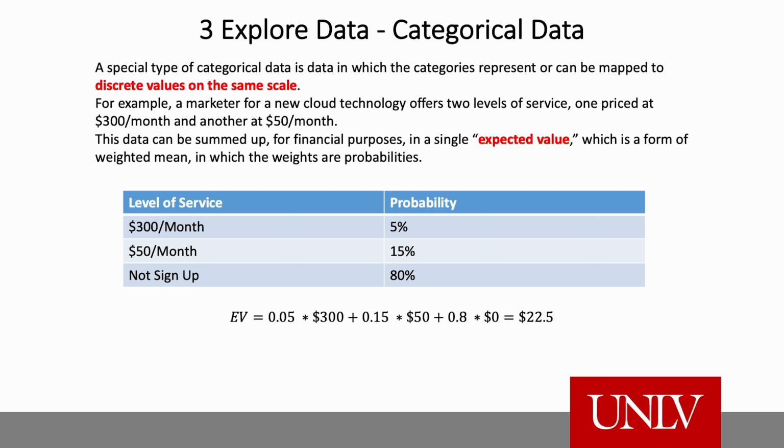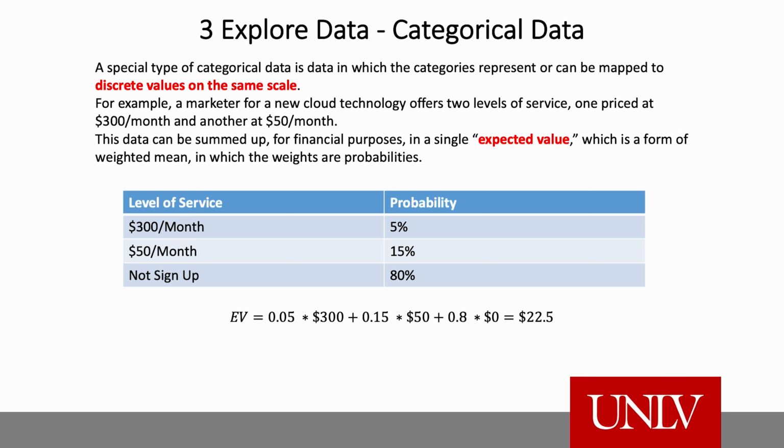To summarize the financial potential of each attendee, we calculate the expected value, which is a weighted mean where the weights are probabilities. We multiply each outcome by the probability of that outcome and then add the results.